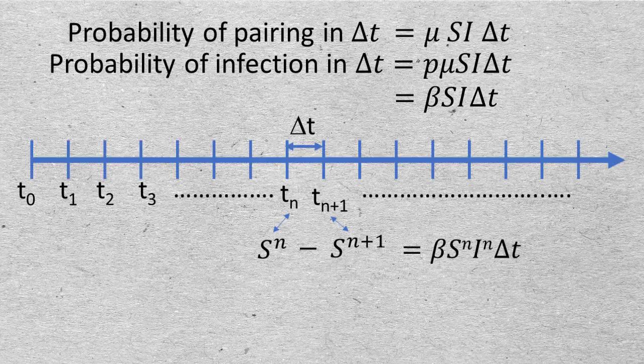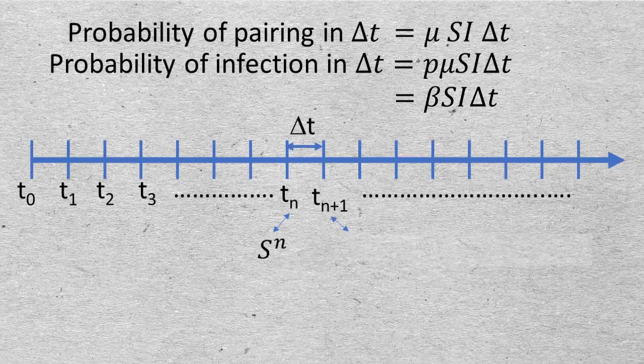With regard to our timeline or mesh, we can write the reduction in S in the interval delta t from t_n to the next time marker, t_{n+1}, as S^n minus S^{n+1} is equal to beta S^n I^n delta t.